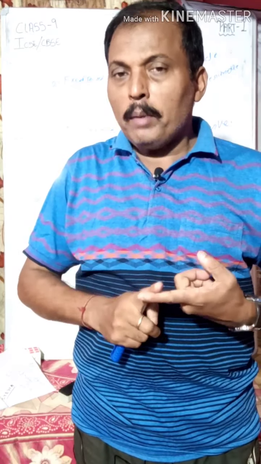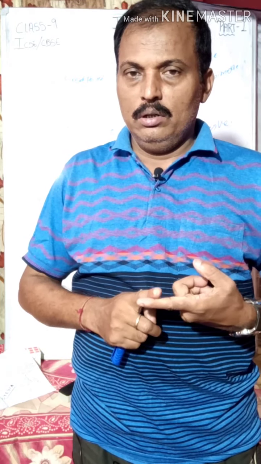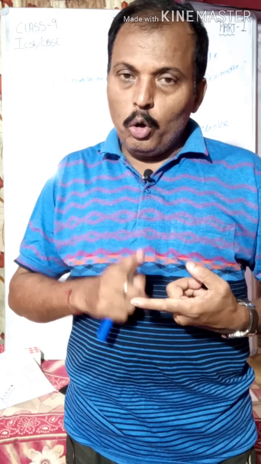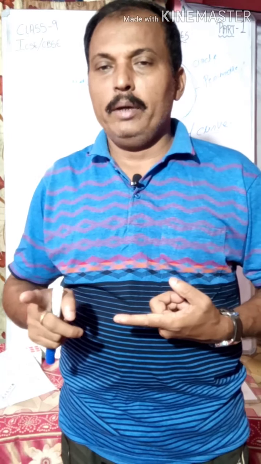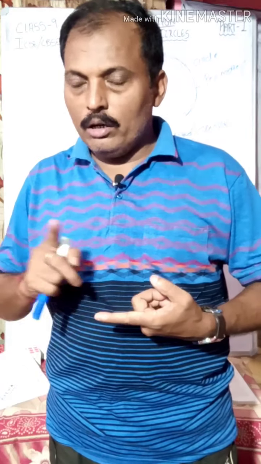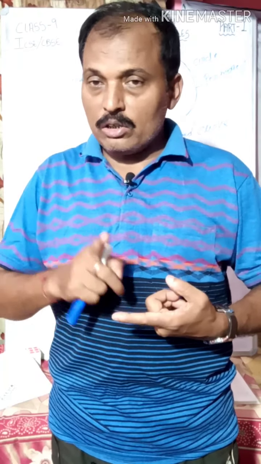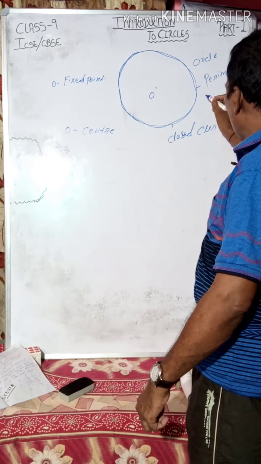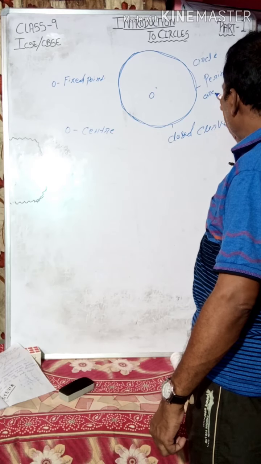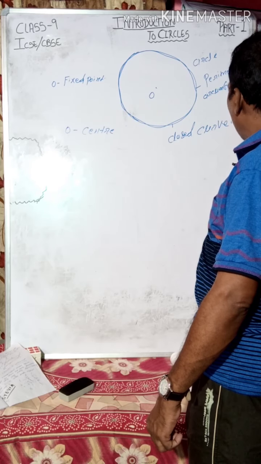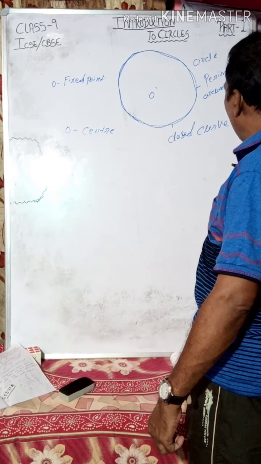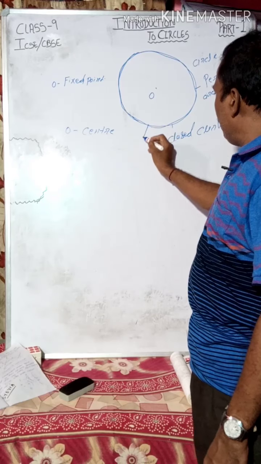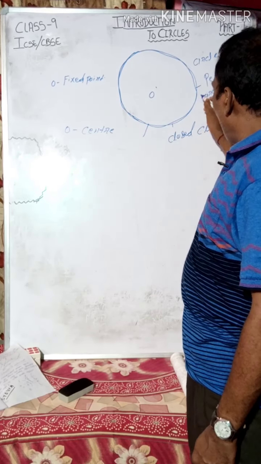The sum of the sides of a closed figure is called perimeter, either it may be a polygon or a circle. In the case of a circle, another name for the perimeter is circumference, C-I-R-C-U-M-F-E-R-E-N-C-E. So this is the circumference or perimeter.